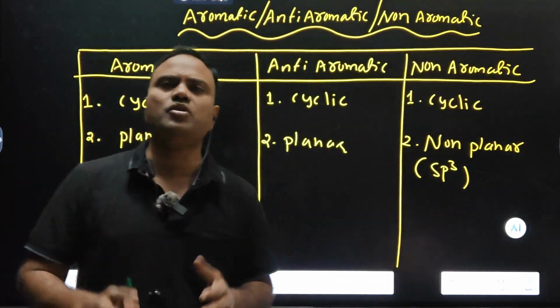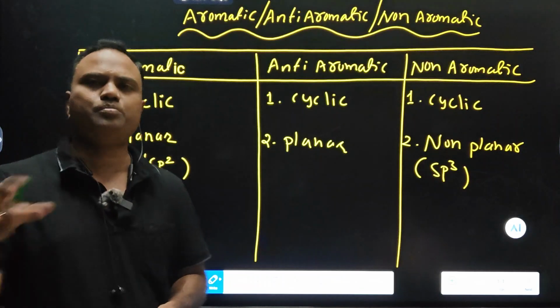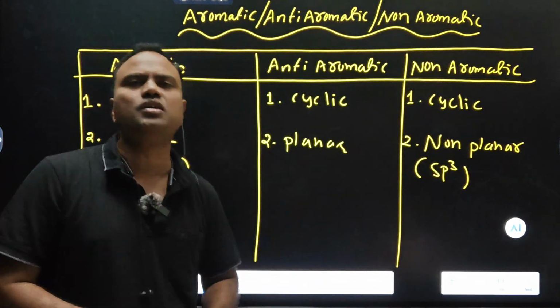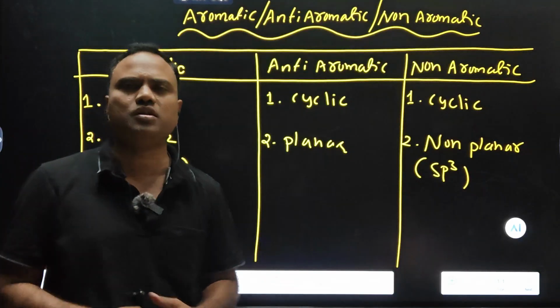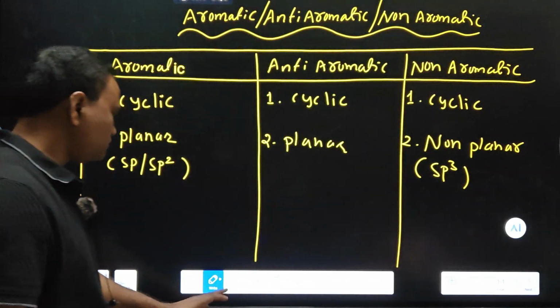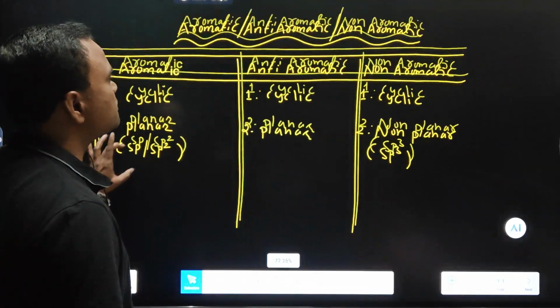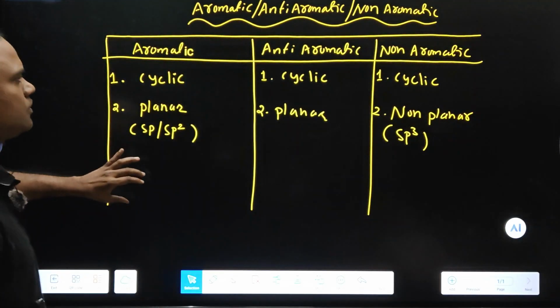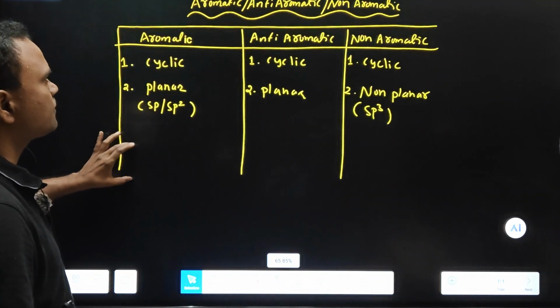If you observe a single bonded carbon at any corner of the molecule, at least one sp3 hybridized carbon, the total molecule is considered non-aromatic. Clear? Online students, are you following?